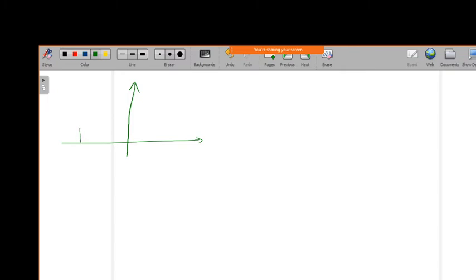So it is like this. Okay, so this is the amplitude value 3 to 1, and here it is -1, -2, -3, +1, +2 and +3.